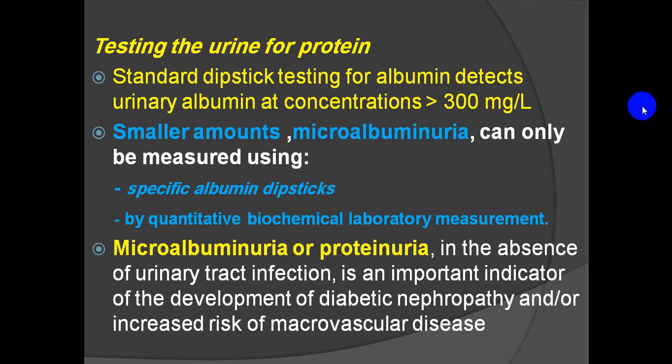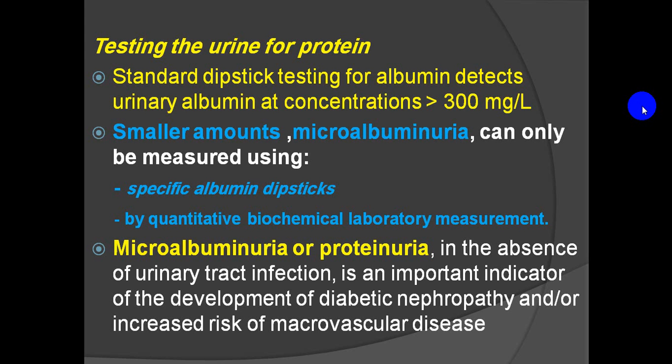Albumin level in urine less than 300 milligrams per deciliter cannot be detected by the standard dipstick testing. Such a small amount of albumin in urine is called microalbuminuria. And such microalbuminuria can only be measured by specific albumin dipsticks or by quantitative biochemical laboratory measurement.